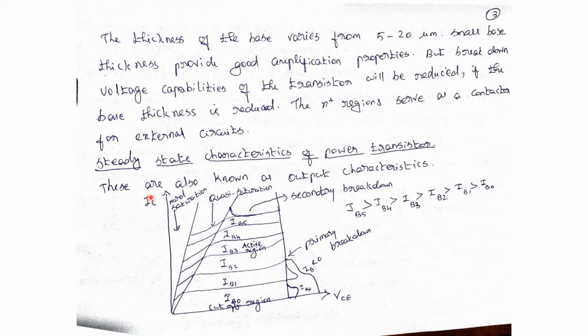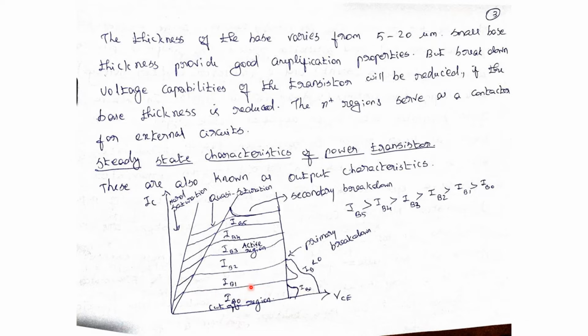The graph is plotted between IC and VCE for varying levels of IB, that is for varying levels of base current. Initially, the base current is kept as 0. So we get this region, which is known as the cutoff region. That means the transistor is off in this region.